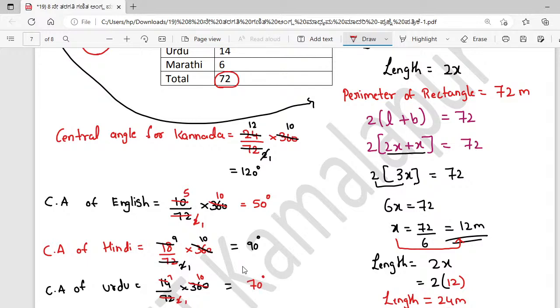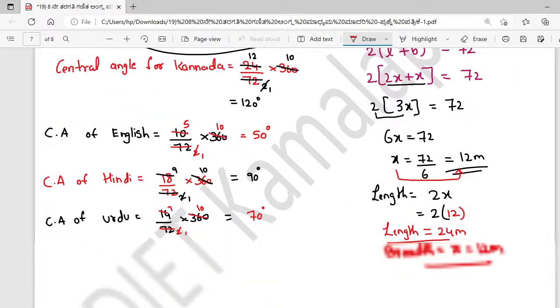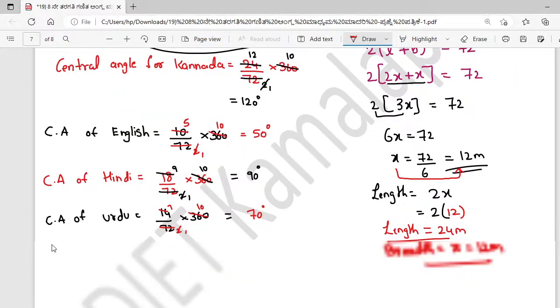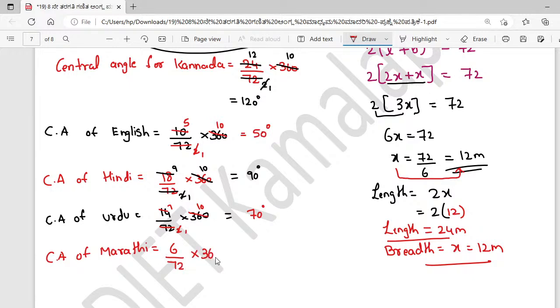And the last one I want from you is related to Marathi. How many students are related to Marathi? That is 6 students. Let us find the central angle of the Marathi language. How many? 6 divided by 72, that is the total number of students, into 360 degrees.